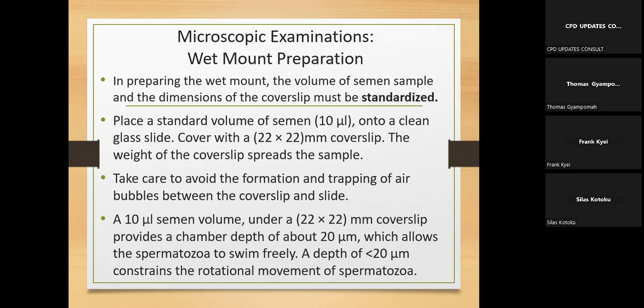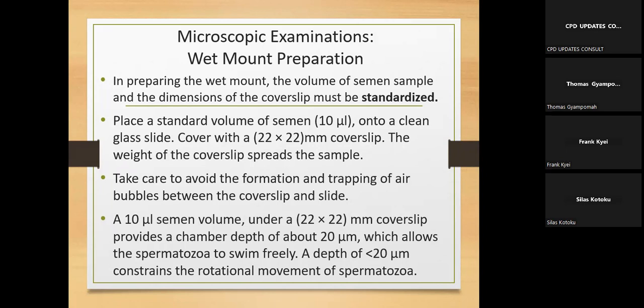The slide is a standard size, 25 wide and the length is 75. If the cover slip is also 25, then it's going to be edge to edge, and there's nothing you can do.